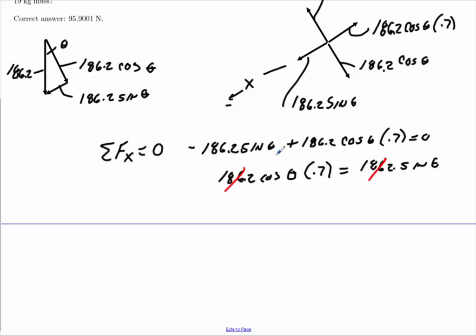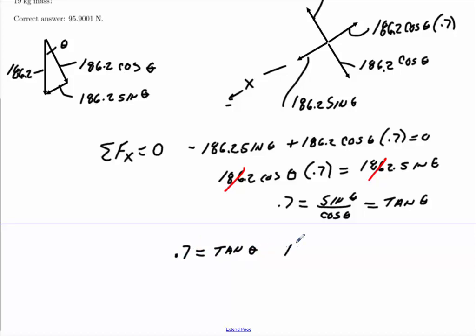Now divide this. These cancel out. I'm going to move the cosine to the other side. So I get 0.7 is equal to sine theta over cosine theta, which is also equal to tangent theta. So I got 0.7 is equal to tangent theta.